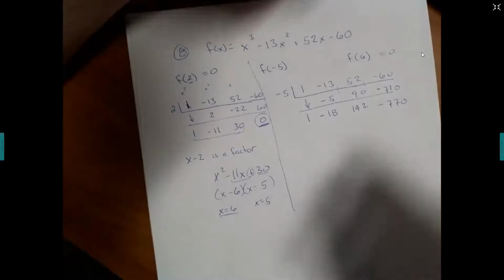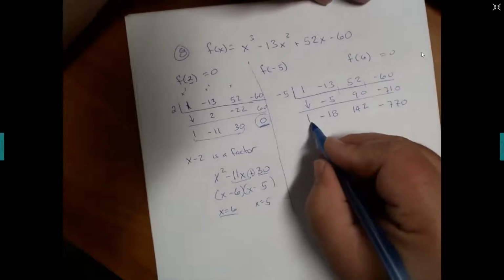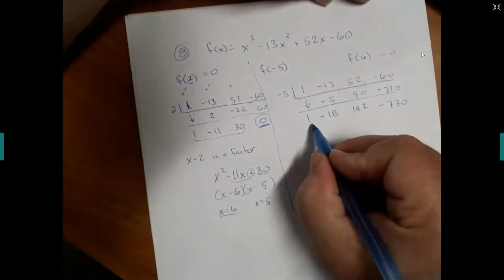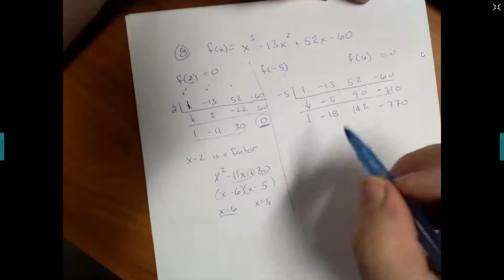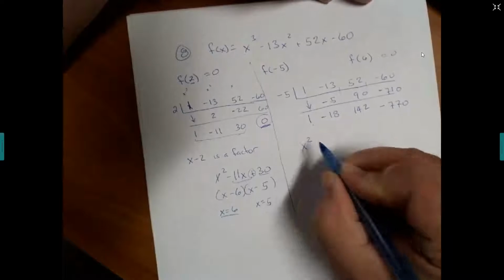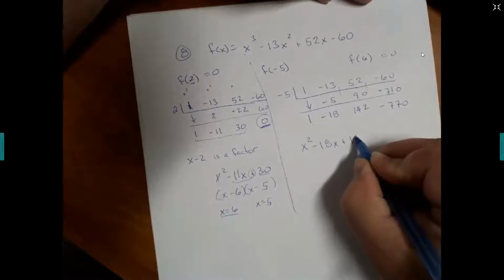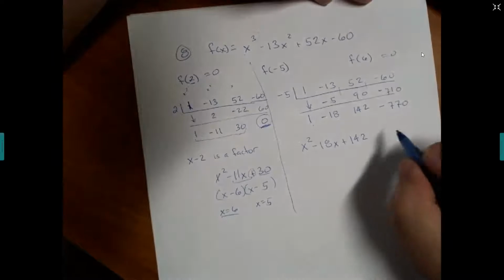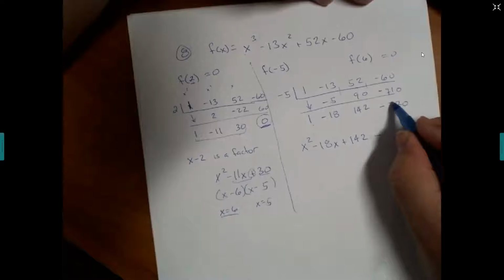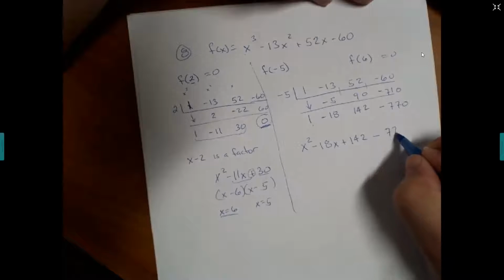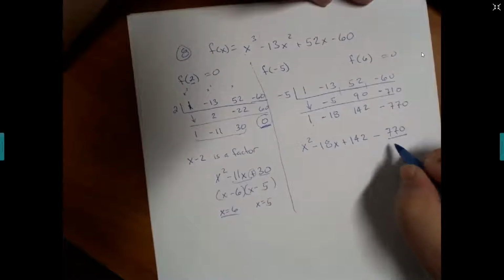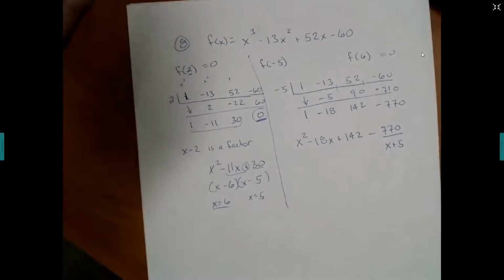So the way you put the final answer, remember, the answer starts off with 1 less than the original equation. So it's x squared minus 18x plus 142 minus, since that's the remainder, 770 divided by x plus 5.